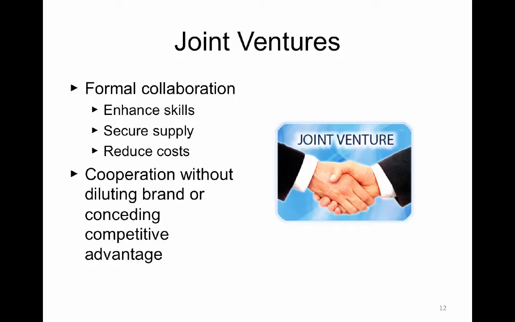So you'd enhance your skills by working with another company. You'd secure some supply or reduce overall costs with this kind of economy of scale or collaborative effort. You don't dilute your brand or give competitive advantage because, again, you're not buying out the other company. They're working with you.